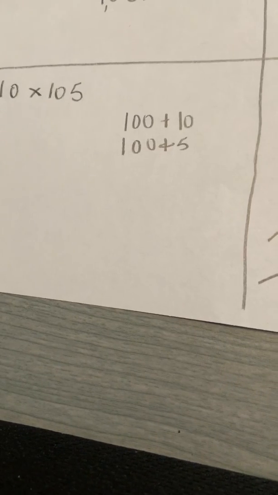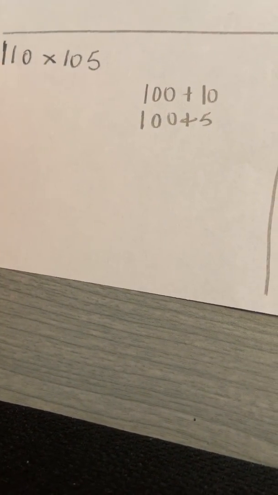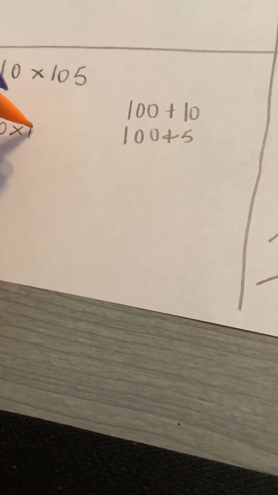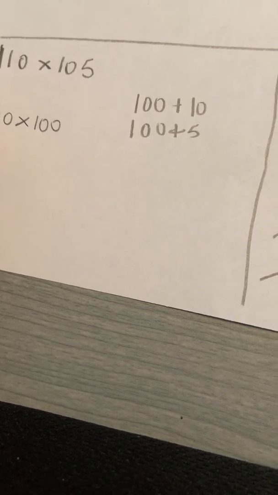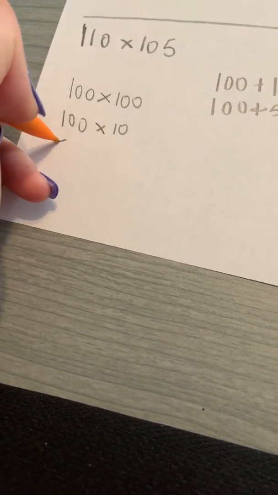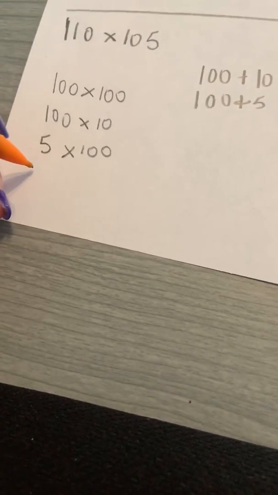Like earlier, we're adding them together. And then you're going to multiply them all together. So 100 times 100, 100 times 10, and then 5 times 100, and then 5 times 10.